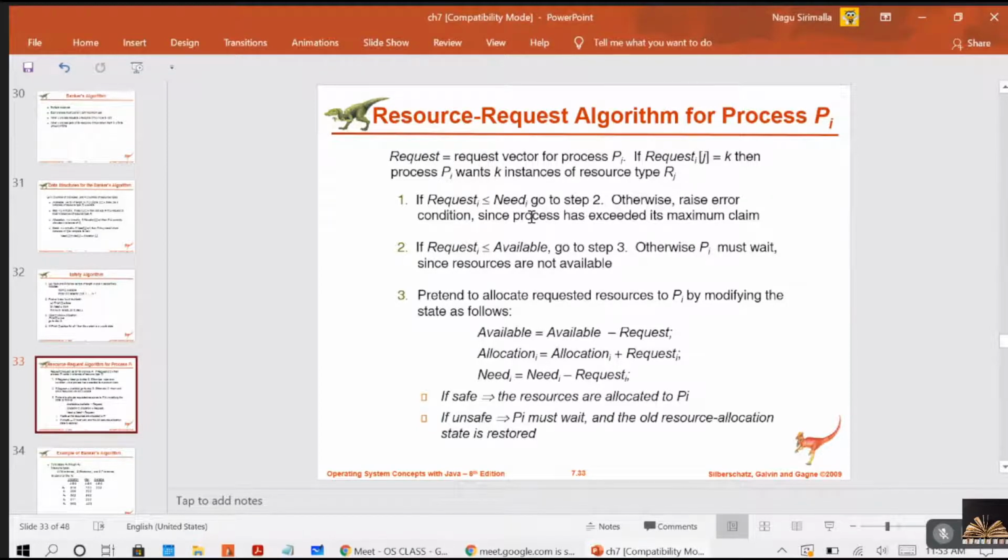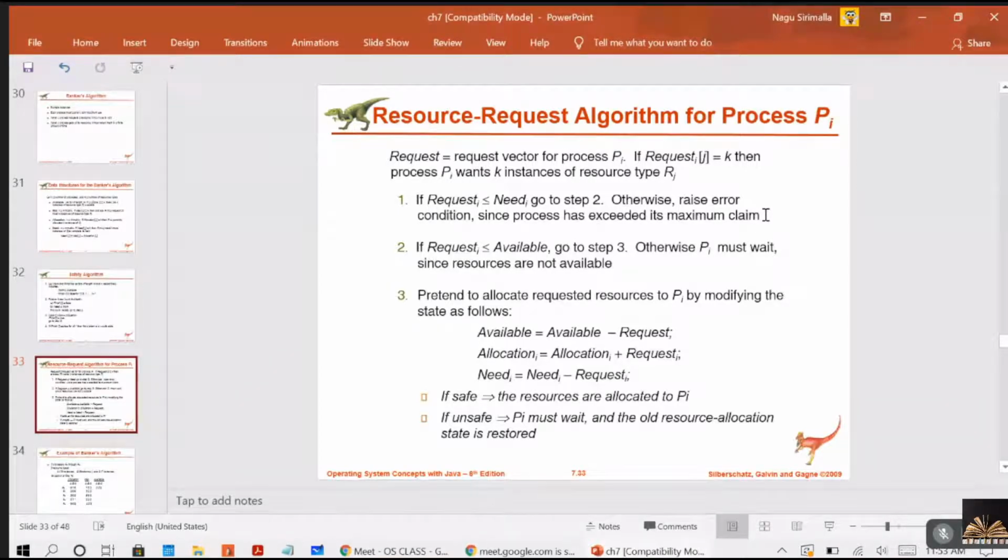And what I am requesting should be within how many I need. I should not request more than I need. Yes or no? So for that, this condition is satisfied. If the request i is less than or equal to need i, then go to step 2. Otherwise, raise an error condition since the process has exceeded its maximum claim.